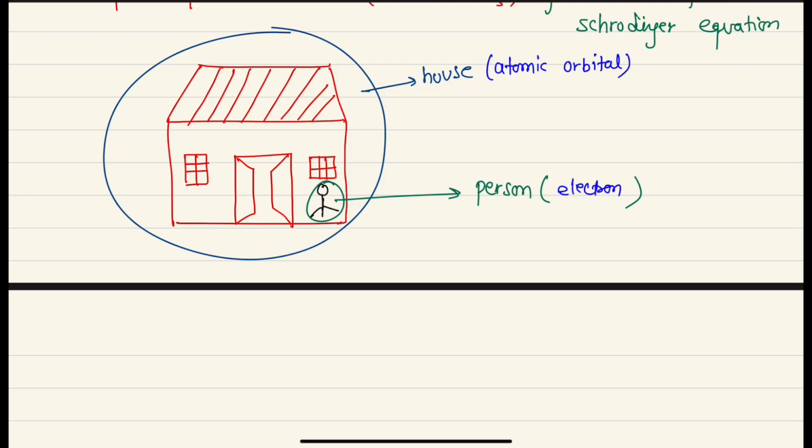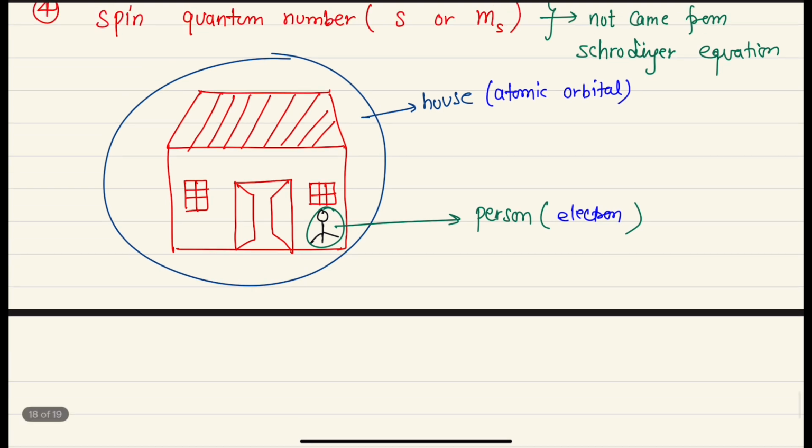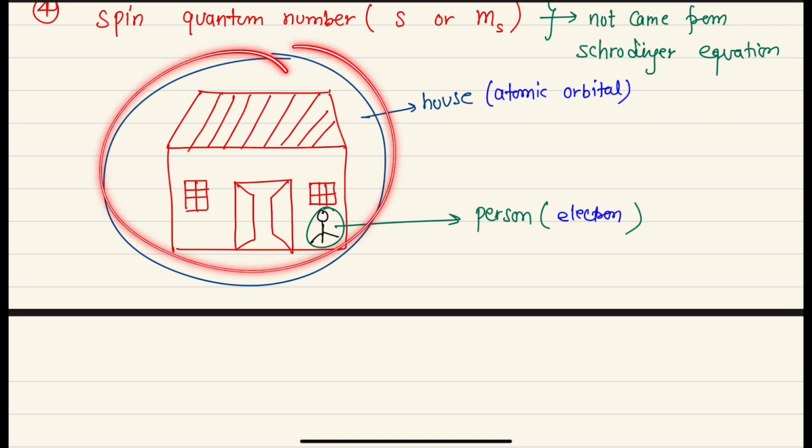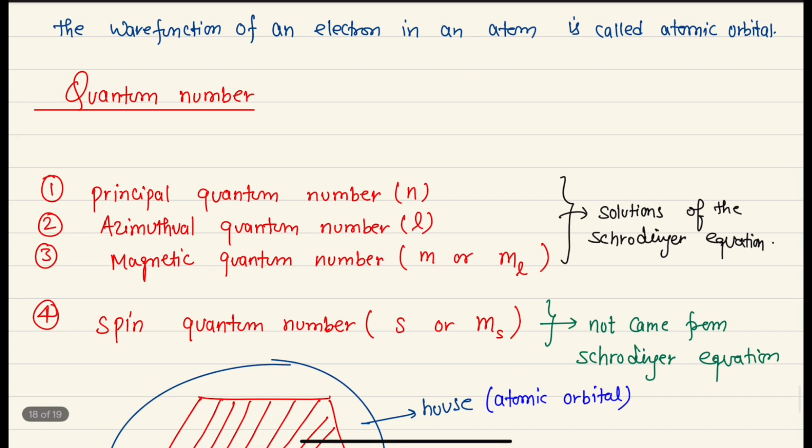Right. Now, to describe the whole house, to locate the house, we need first three quantum numbers. Understood? That is n, l and m: the principal quantum number, azimuthal quantum number and magnetic quantum number.